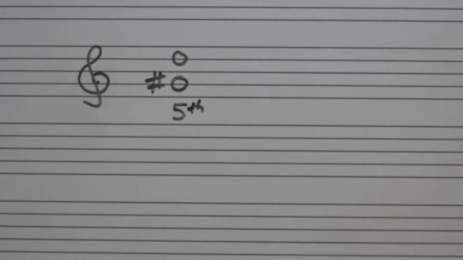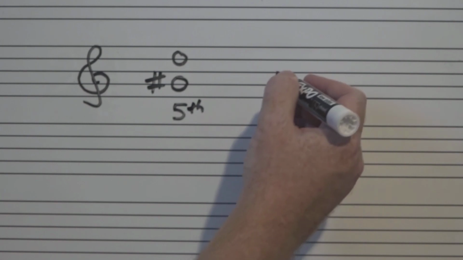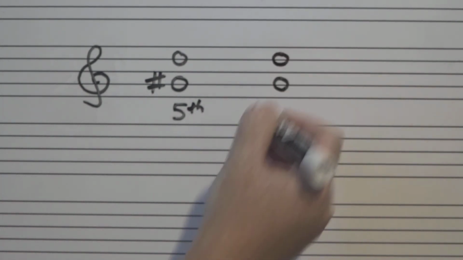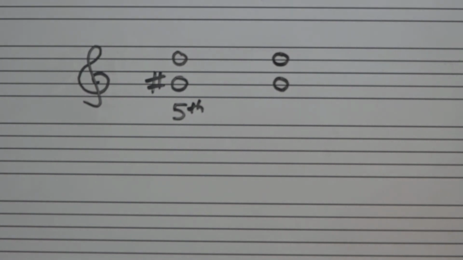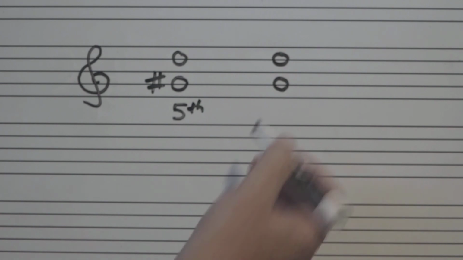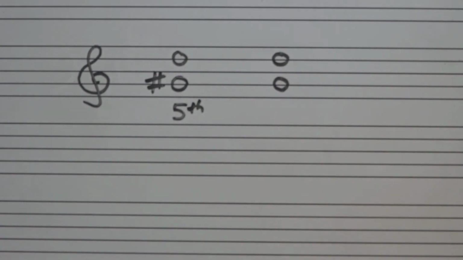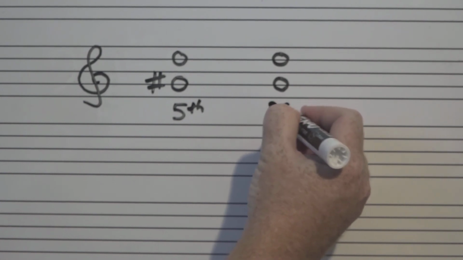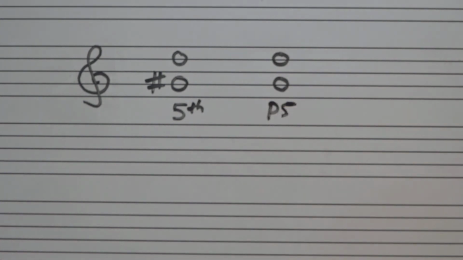But let's start with one we're more familiar with, a G and a D. We know the G major scale very easily, and we know that that G major scale has a D in it. So this is going to be a perfect fifth.